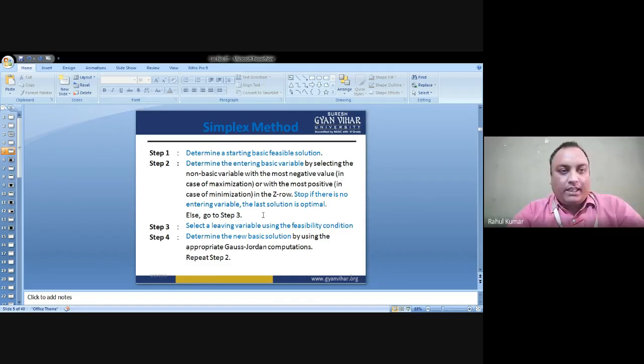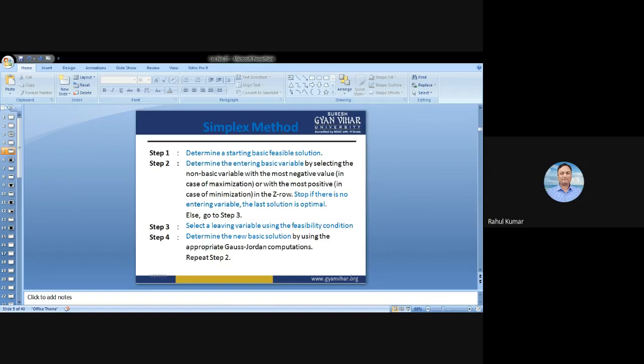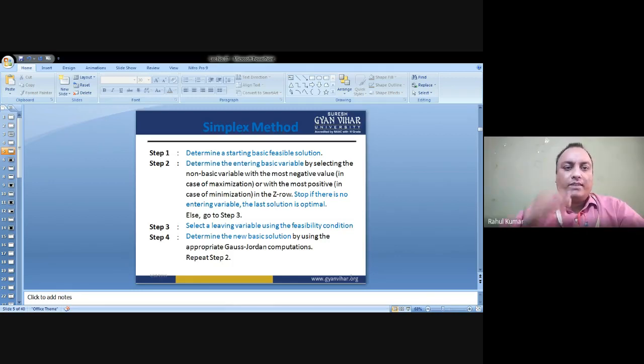For step number 3, select a leaving variable using the feasibility condition. Different feasibility conditions exist for different cases in this problem, and then move to step number 4.